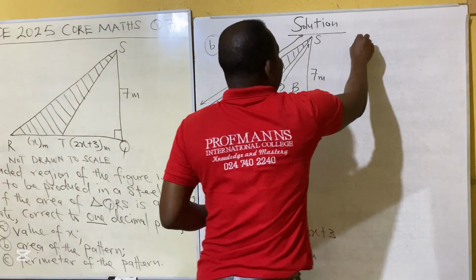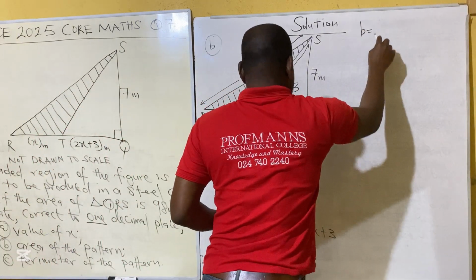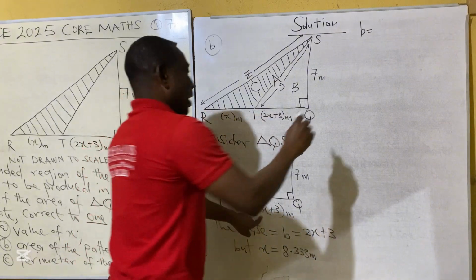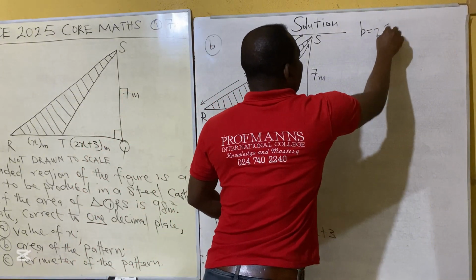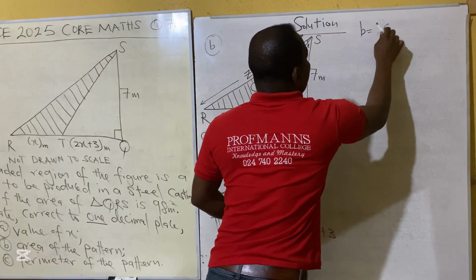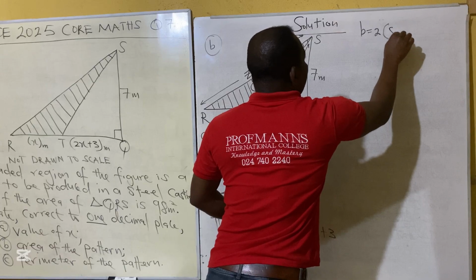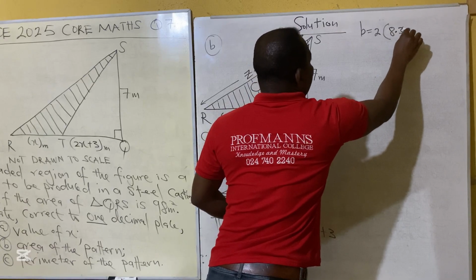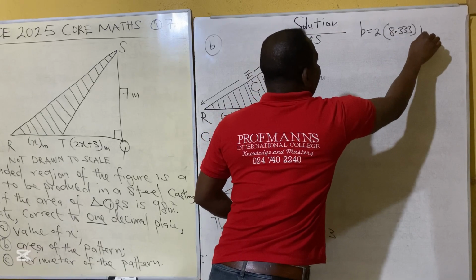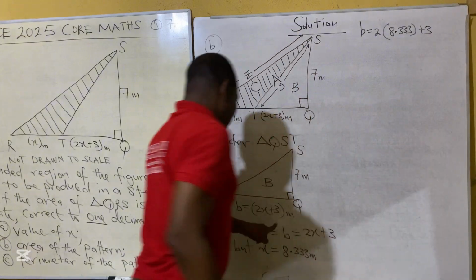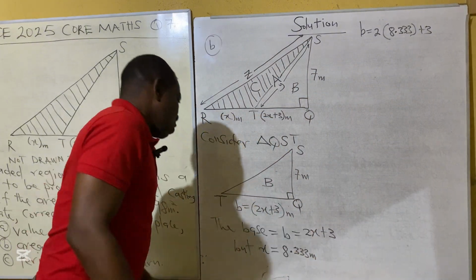So the base b is equal to 2x plus 3, which is 2 times 8.333 plus 3.